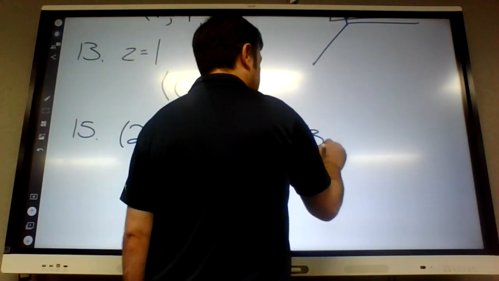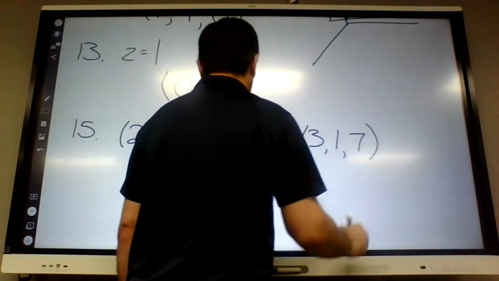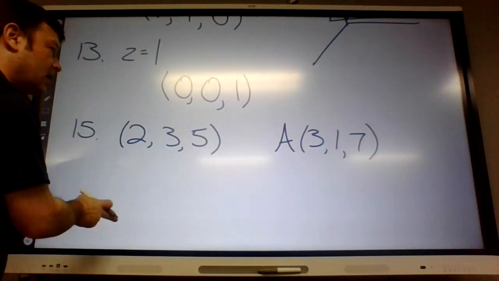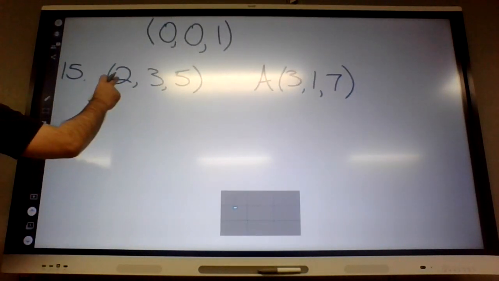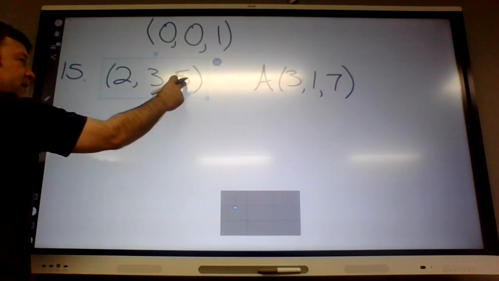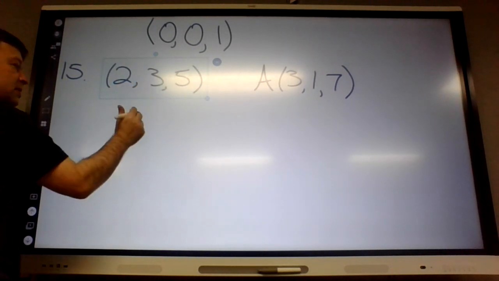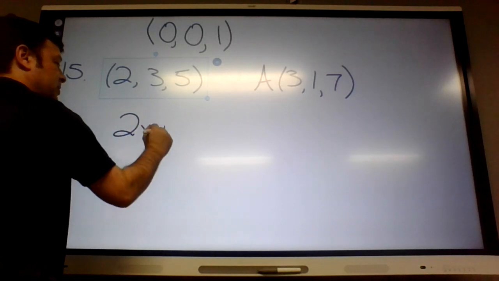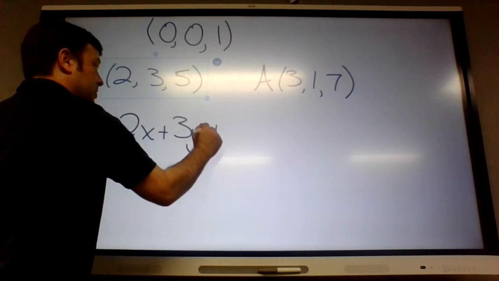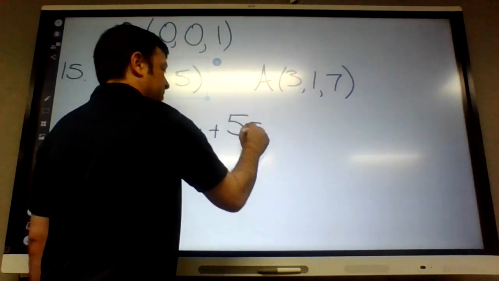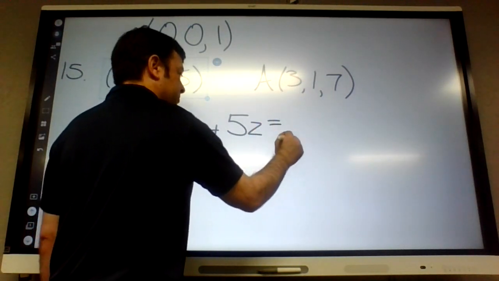So 2, 3, and 5, the perpendicular vector, tells us the coefficients for x, y, and z. So it's 2x plus 3y plus 5z equals blank.